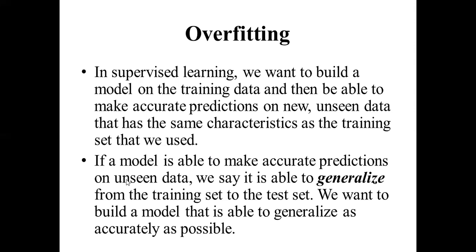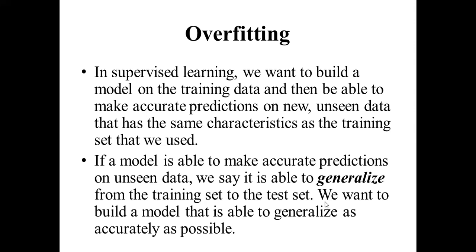If a model is able to make accurate predictions, that is, if the class is 2, it should answer me 2, and if the class is 3, it should answer me class 3 only, and it is able to do this on unseen data, we say it is able to generalize from training to the test data.